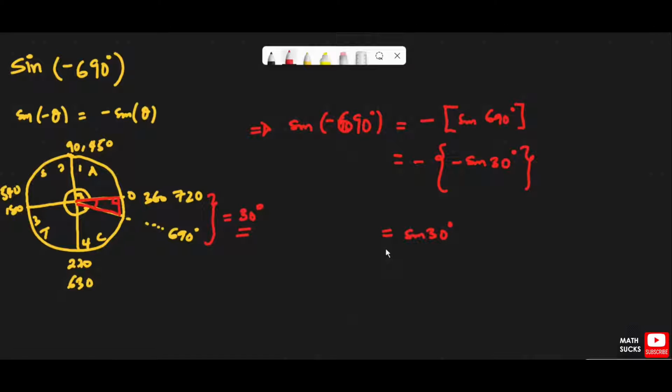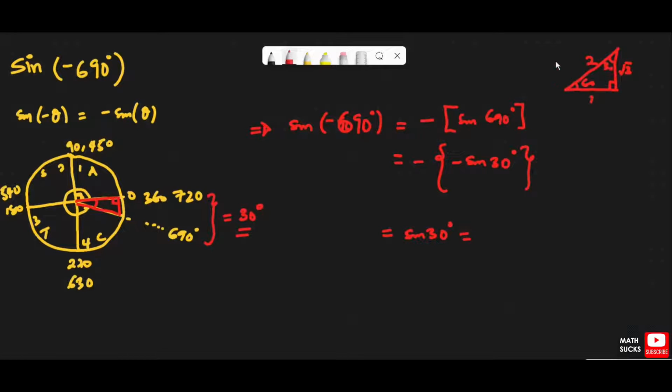Then we can think of what sine of 30 is. If you revisit your triangle, whereby this is 1, this is 2, and this is root 3, this angle is 60 and this angle is 30.